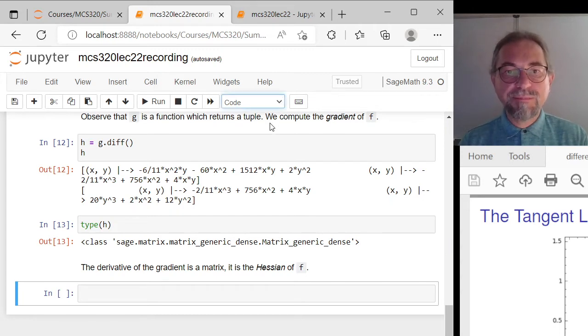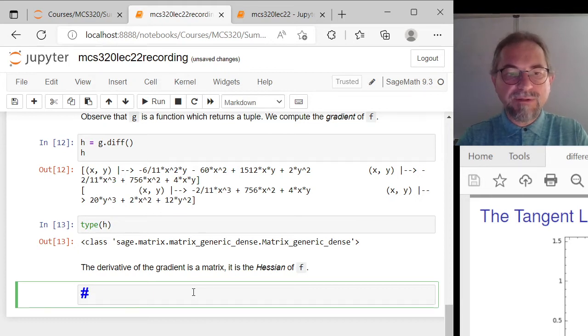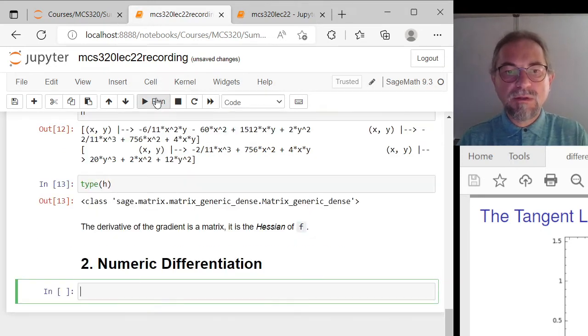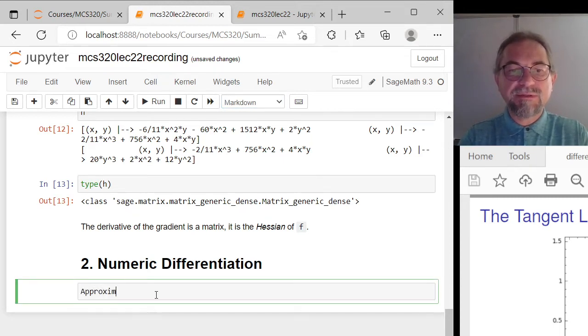Let me now very briefly indicate numerical differentiation. And let us look exactly at the same problem, but now I will say approximate the derivative of the function.